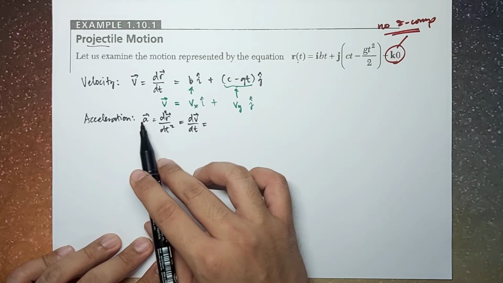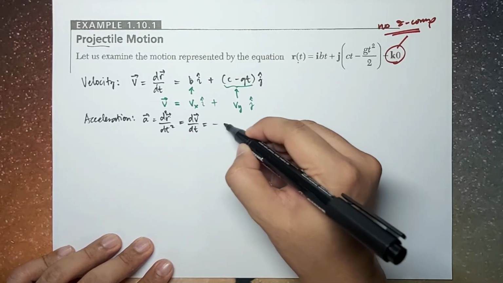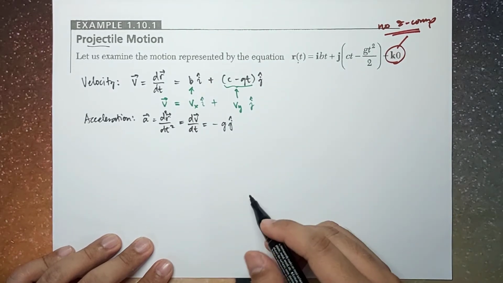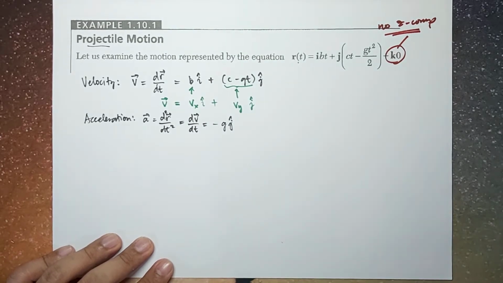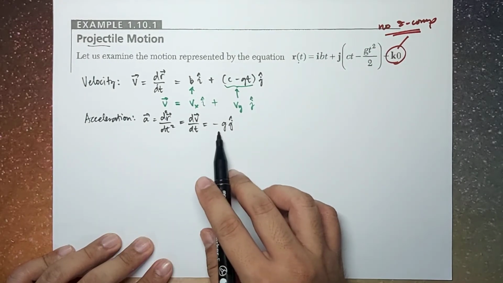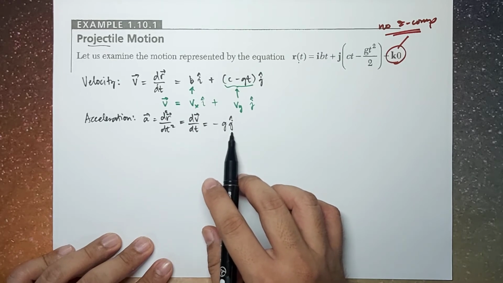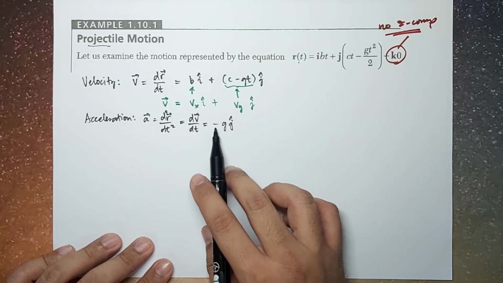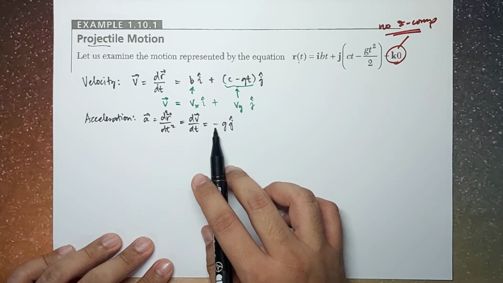So the end result is the acceleration will be equal to negative g j hat. In this case, g is the acceleration. You will notice that the acceleration of the particle is along the y direction and it is pointing downward by convention.